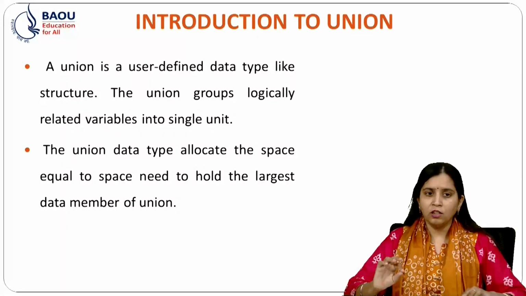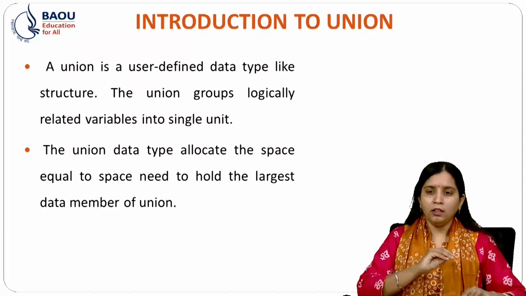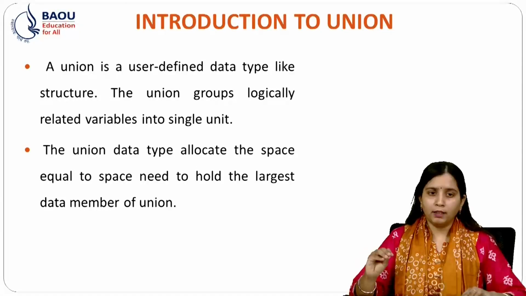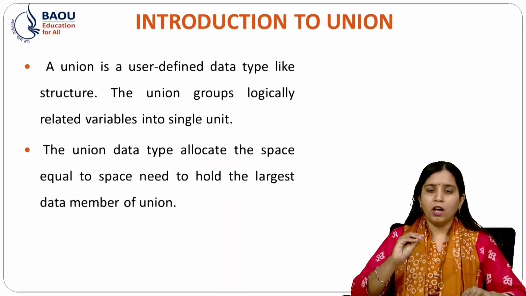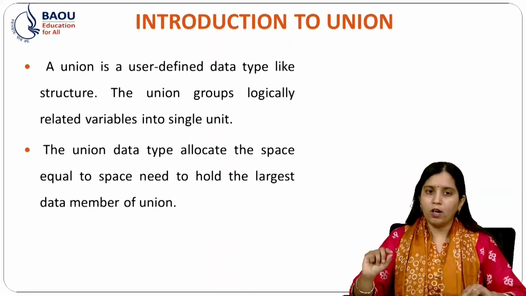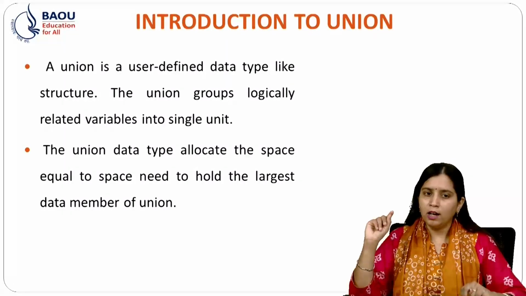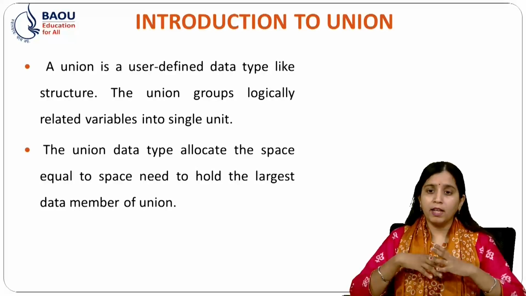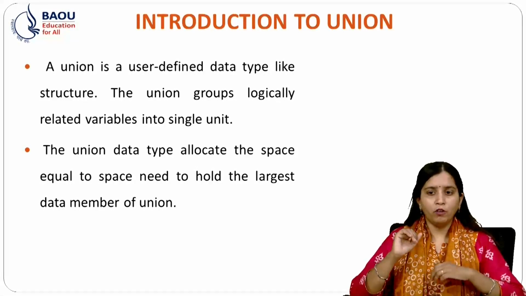In structure, we have different space in our memory, but in union we allocate the space equal to the space needed for the largest data member. So over here our memory is optimized to the fullest.